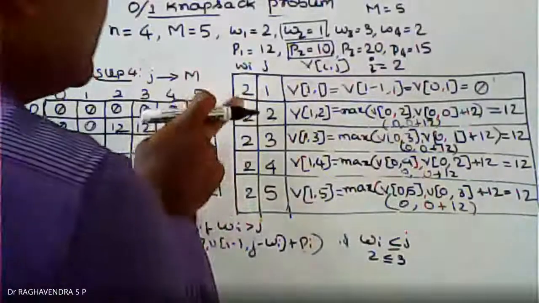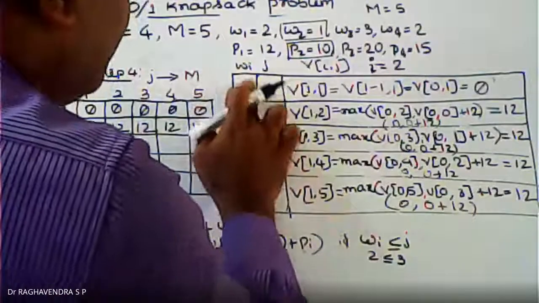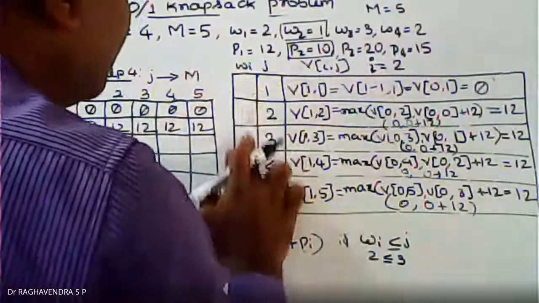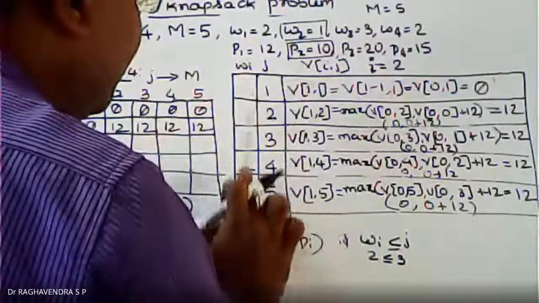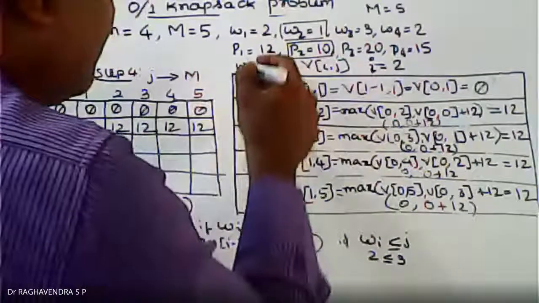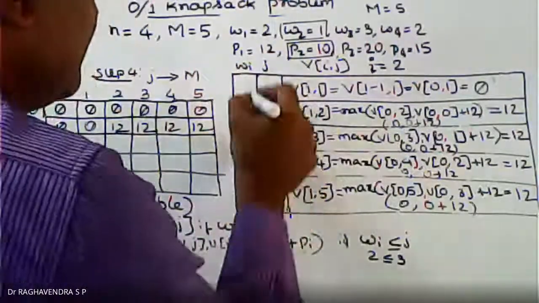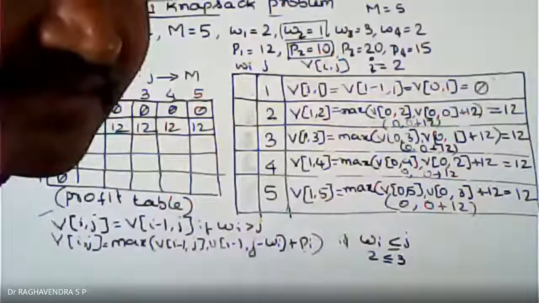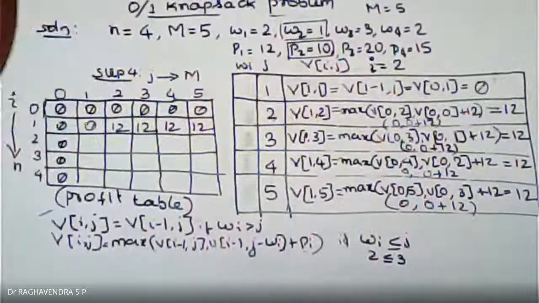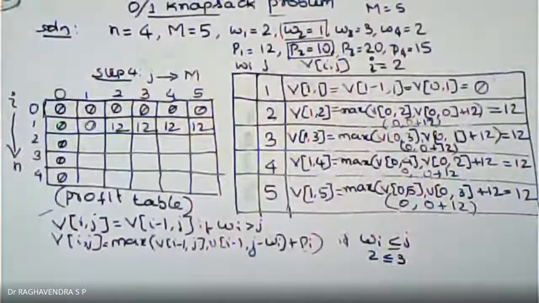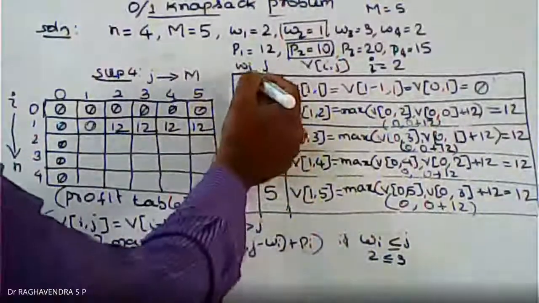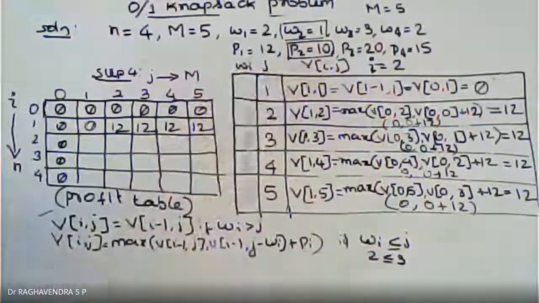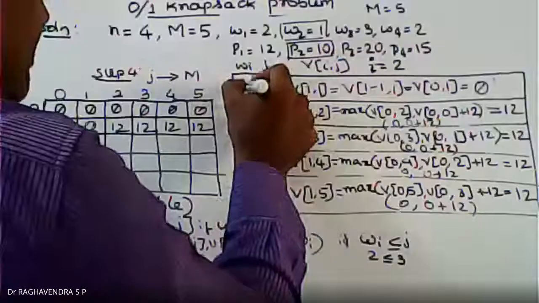So in this case, we have to replace these twos with what we have to write here? W I means W2. What is W2? 1. So we have to write 1 here.